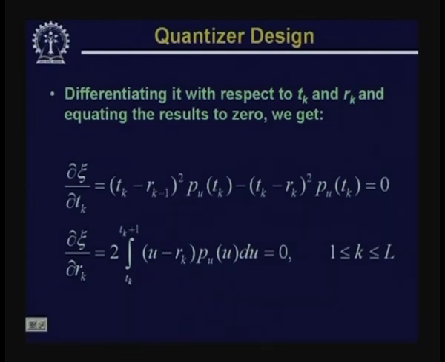Similarly, the second equation, del zeta del R k, will be the same as twice the integral of (u minus R k) p(u) du equal to 0, where the integration has to be taken from T k to T k plus 1.